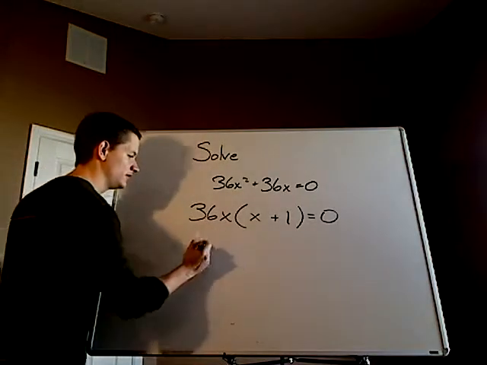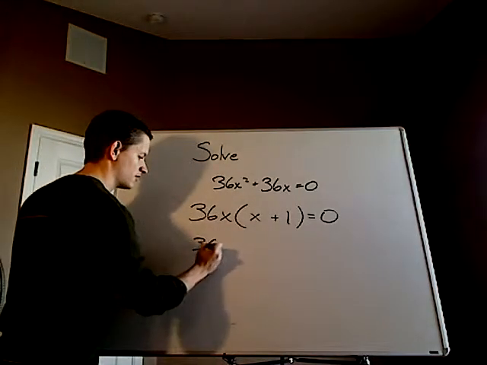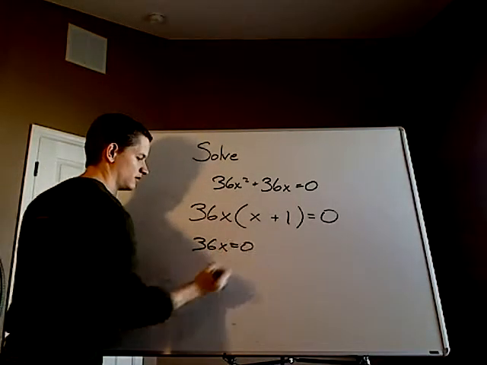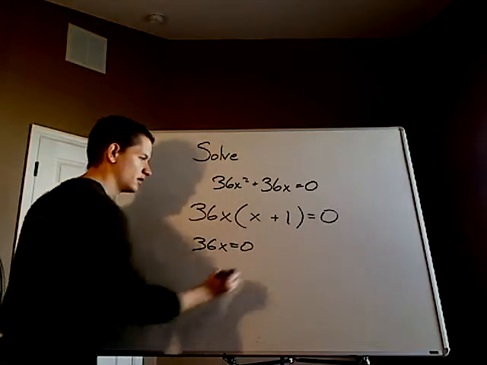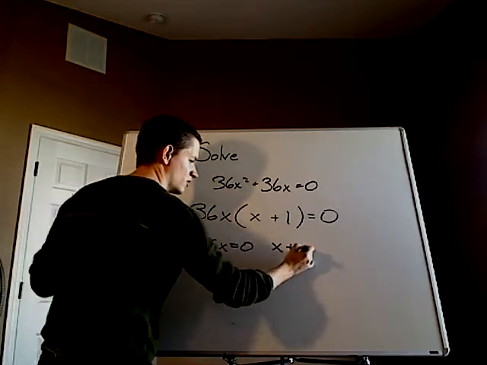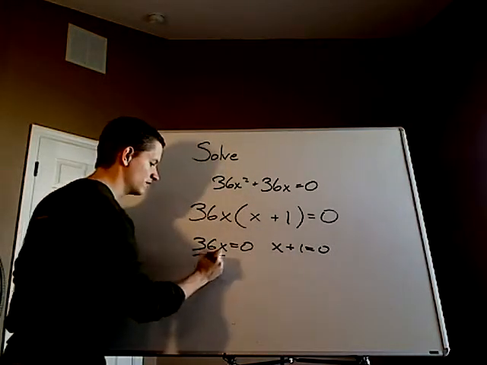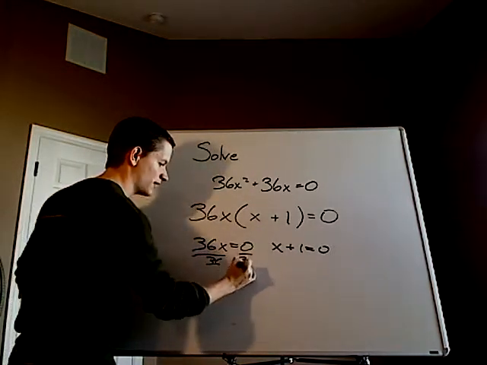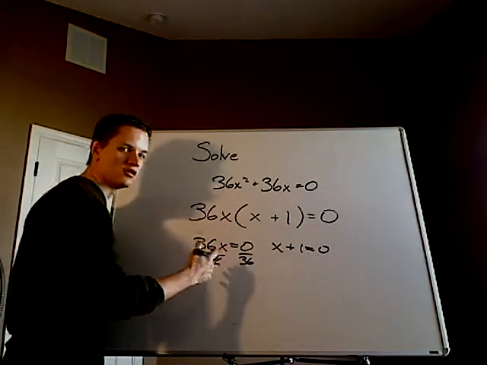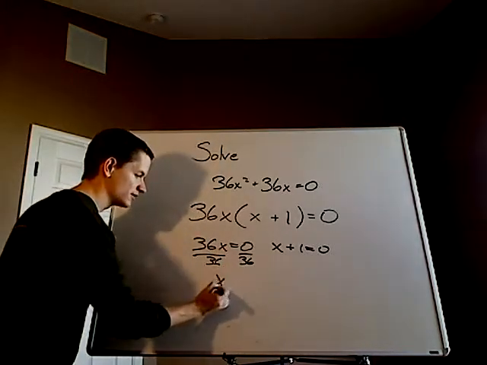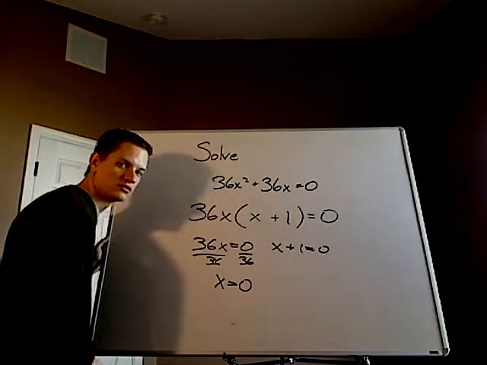So you set each of these equal to 0. You get 36x equals 0. And you have x plus 1 equals 0. Solve for x in each. You divide this by 36, both sides. Remember, what you do one side, you do the other side. So x equals 0.